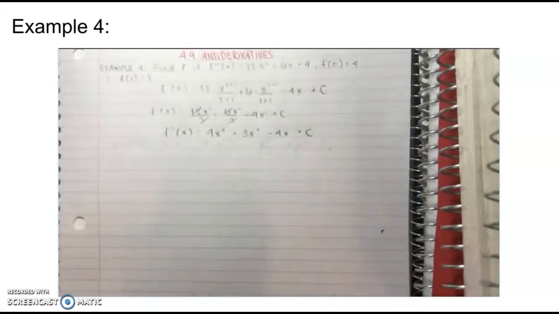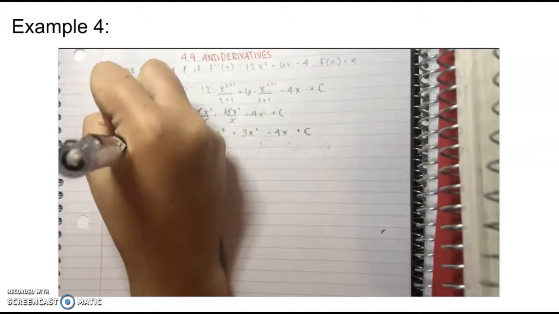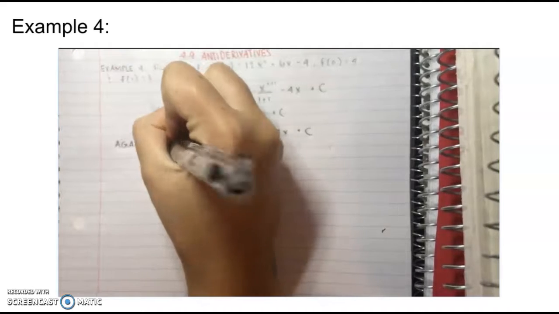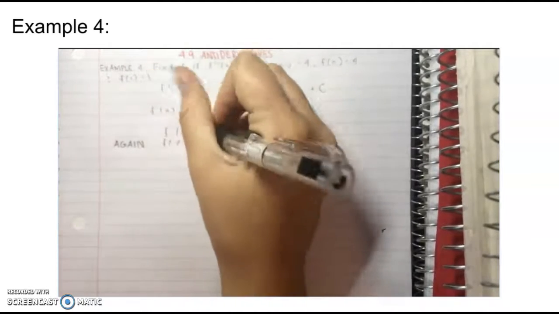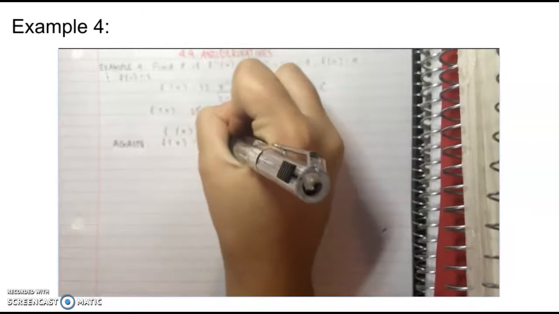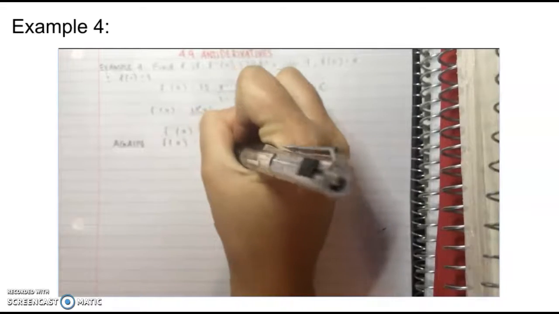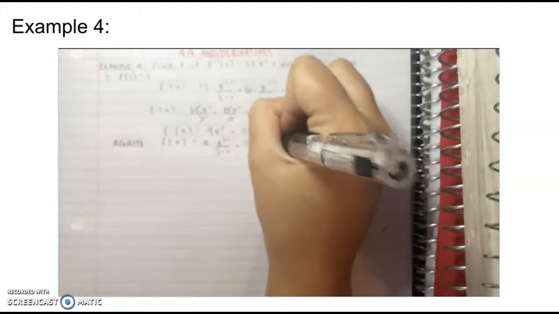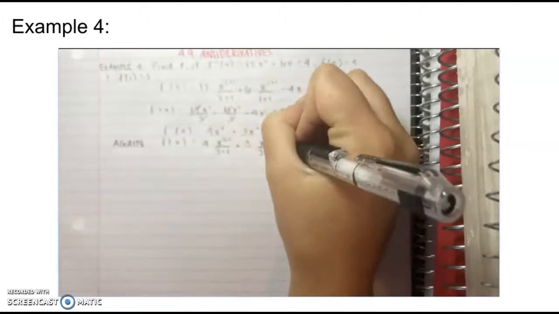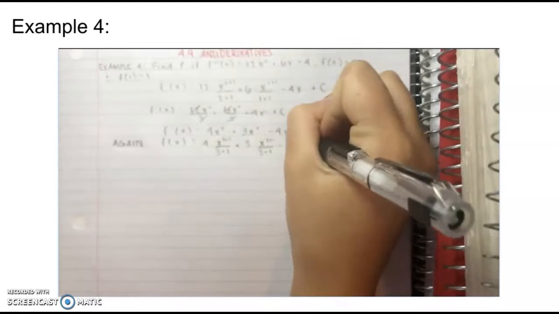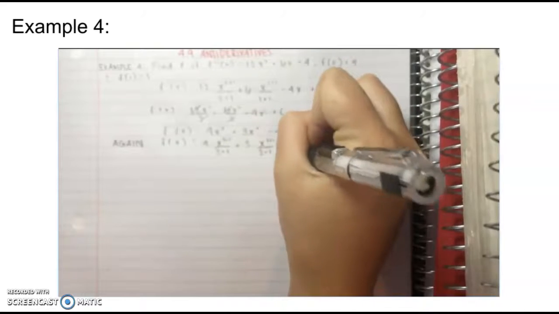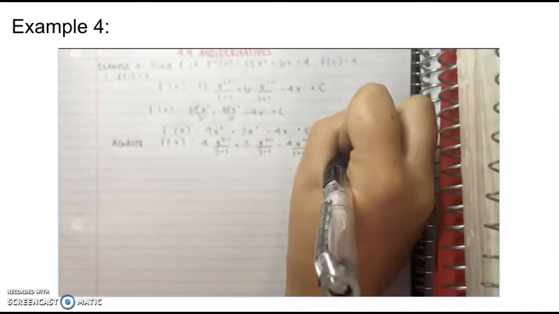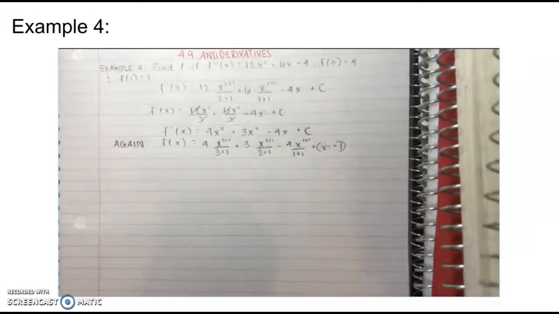Now, we're going to have to take the antiderivative again. So to mark where we're going to do that, I'm going to write it again right here. So then we get f of x equals, I'm going to write it out step by step just so no one gets confused and it's very clear to understand, 4 times x to the 3 plus 1 over 3 plus 1, plus 3 times x to the 2 plus 1 over 2 plus 1, minus 4x to the 1 plus 1 over 1 plus 1, plus cx, add the variable, and then we're going to add plus d because that's our new constant.